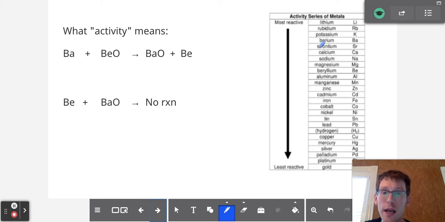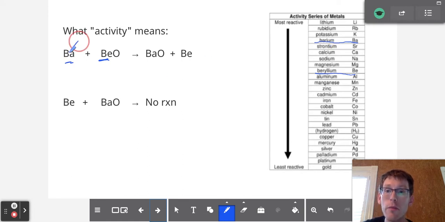The way that we can tell this is we look at the fact that barium is a metal. Is it more or less active than beryllium? We're making the comparison between these. I look up here, I see barium here, and I see beryllium down here. So barium is more active than beryllium.